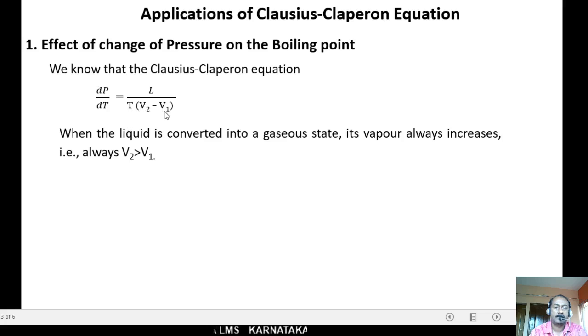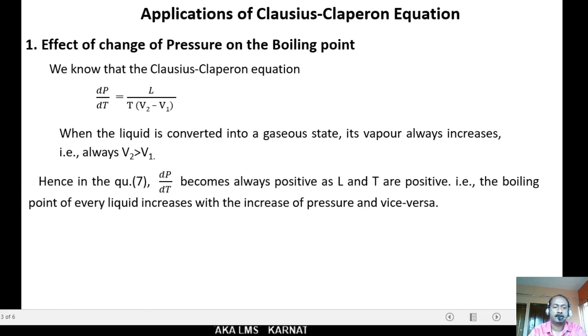V2 and V1 are volumes respectively. When the liquid is converted into gaseous state, its volume always increases. That is, the volume V2 is greater than the volume V1.